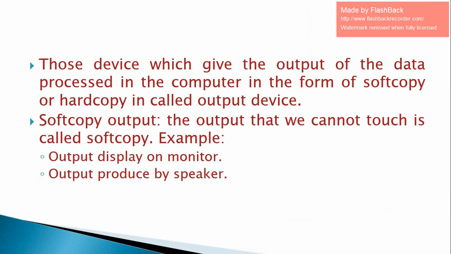It is a form of output that we can only see, so we can't make any editable change there. These types of outputs are produced by devices like monitor and speakers. These are some examples of soft copy output devices.